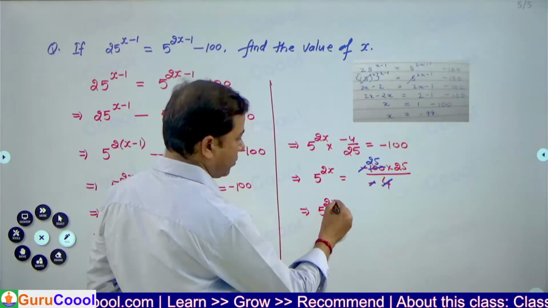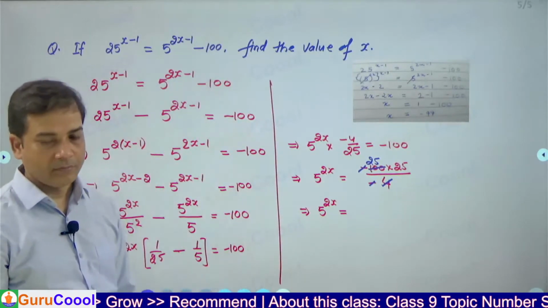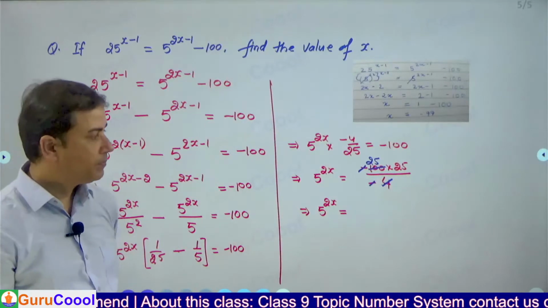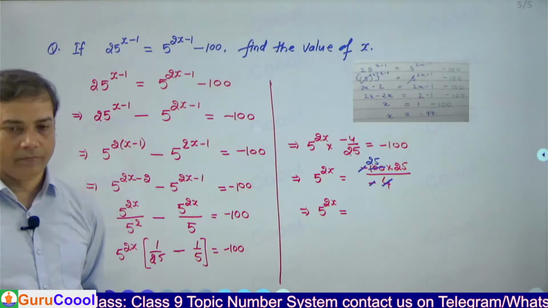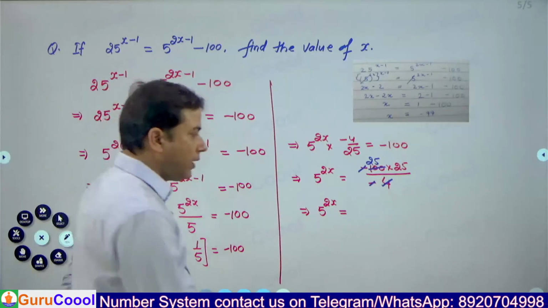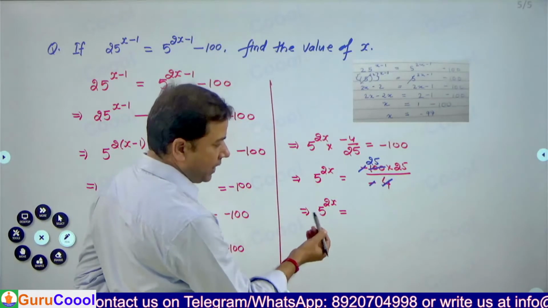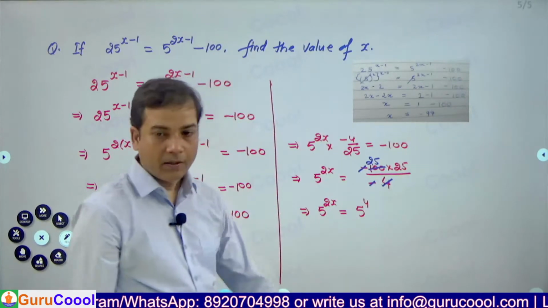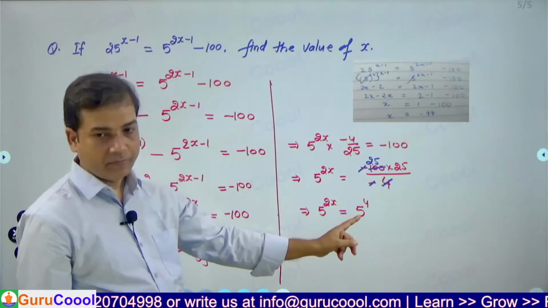5 raised to the power 2x is equal to what? 25 into 25. What is that? 625. But why write 625? Our interest is with the power, base 5. So write it as 5 power 4, 5 square into 5 square. 5 power 4.